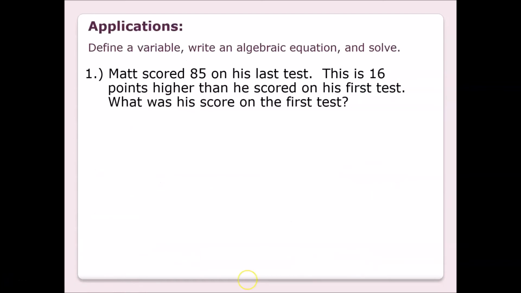Moving on. Lessons won't be meaningful unless we apply them to real life situations. When we solve a problem, we have to follow some important steps. Number one, we need to define the variable, meaning introduce the variable that will represent the missing quantity in your equation or expression.